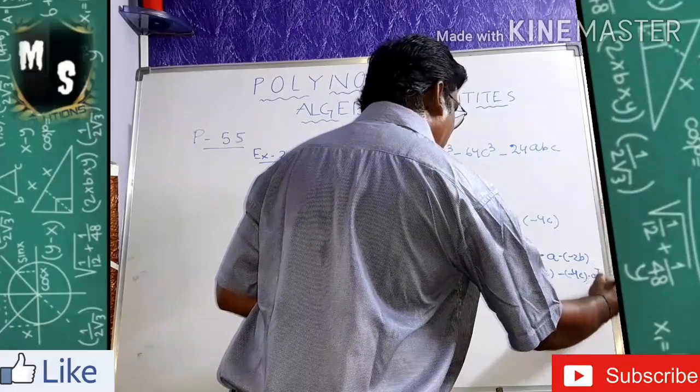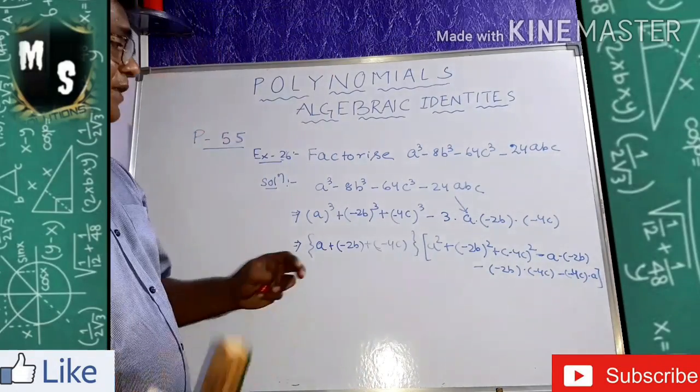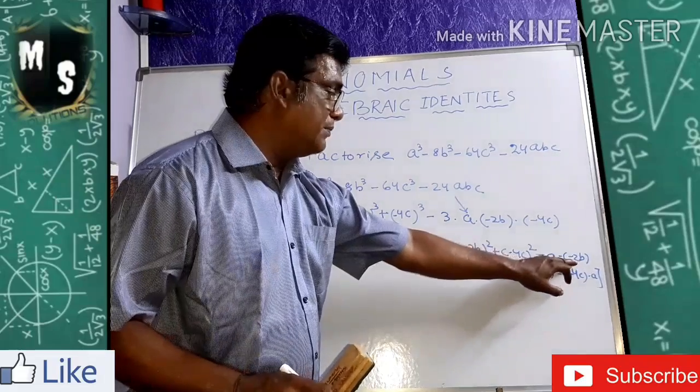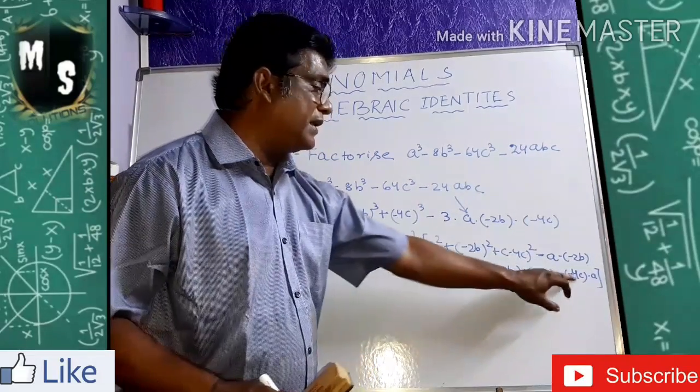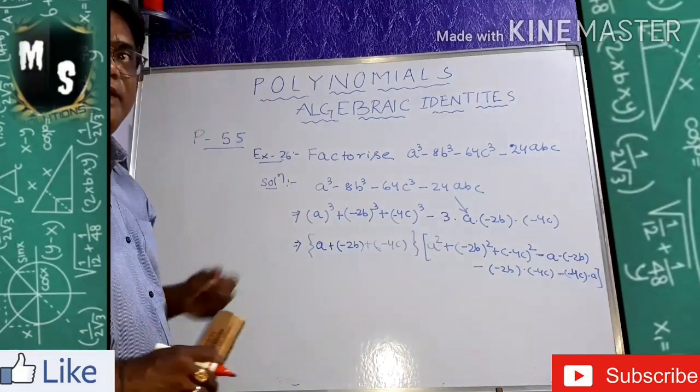So this is the formula for me. As my b and c are negative, I took them in bracket. So don't forget to take it in bracket, by which your signs will be multiplied later.